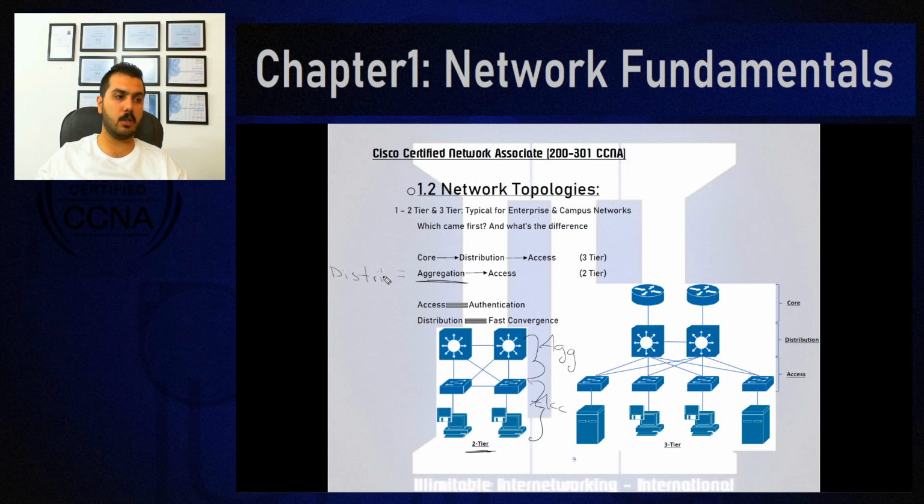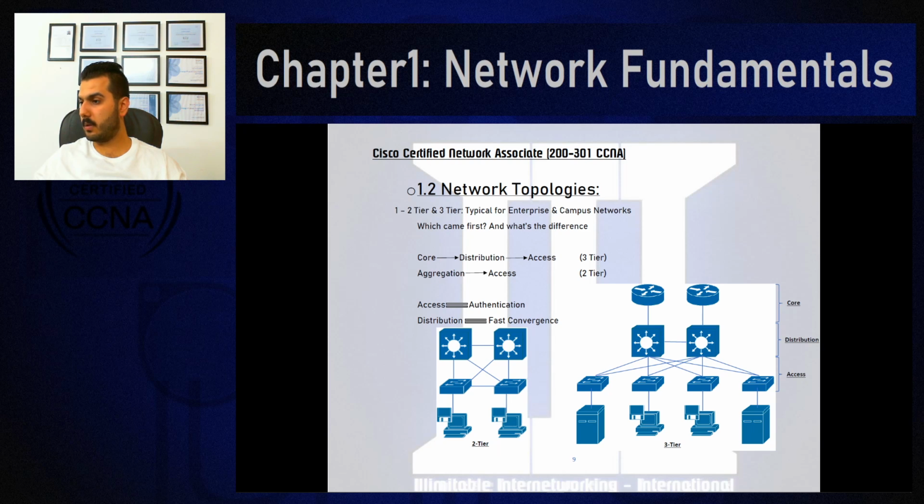Distribution and aggregation are of the same tier, but with simple differences. In this type of topology you have only access and aggregation, no core. This depends on your network, its size, the number of devices, and how you want to manage or design your network.